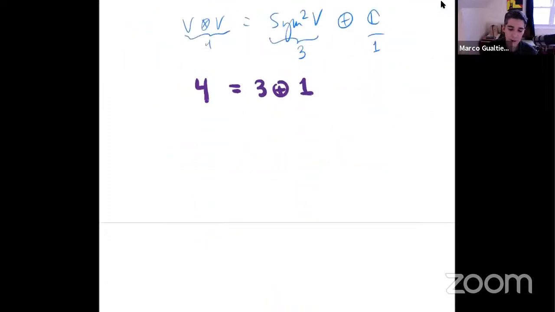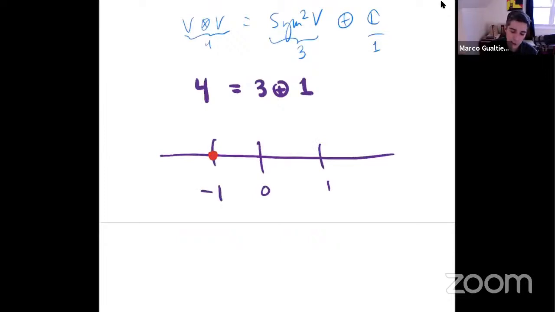The idea is that you could graph this representation this way. You would say there is an irreducible representation of size 3, and then there's another one on top of it, which is contributing at 0. So it's really the sum of 2 irreducible representations, which overlap exactly here.